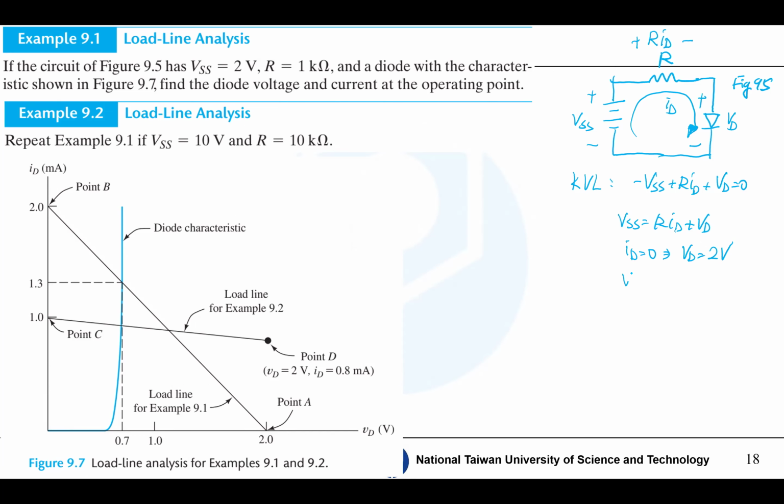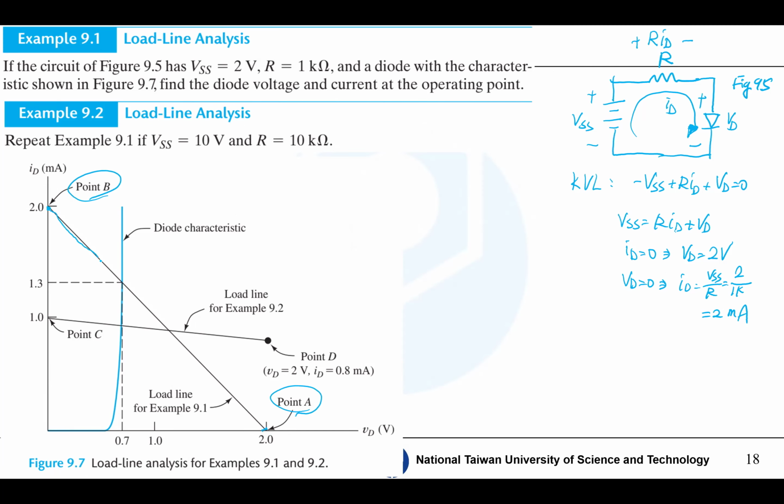And when VD is 0, we have ID equals VSS divided by R, which is 2 divided by 1K, so 2 milliamperes. So ID is 0 and VD is 2: this is point A. And VD is 0 and ID is 2 milliamperes: this is point B.